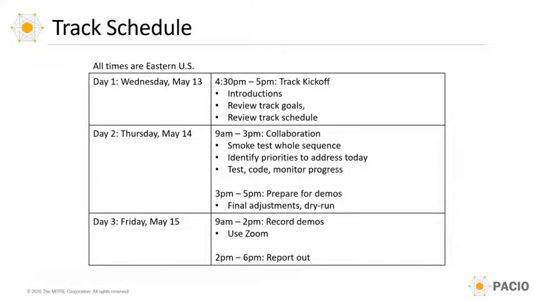Next slide. So for the track schedule, on the first day, because this is a virtual Connectathon and there are people from all over the world that could potentially be joining, not necessarily our track, but certainly we would welcome people from all over the world, there's 35 different tracks. Some of these tracks are led by people over in Europe, some are led by people in Australia. So to maximize the ability for a lot of different people to join, they've chosen to start the day at 4 o'clock on Wednesday.